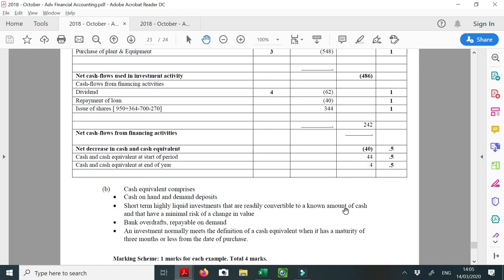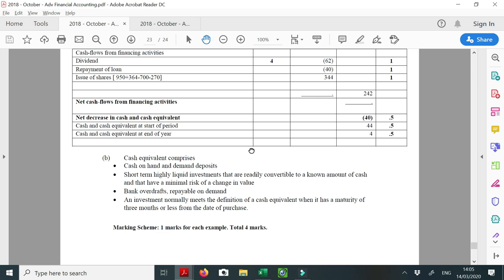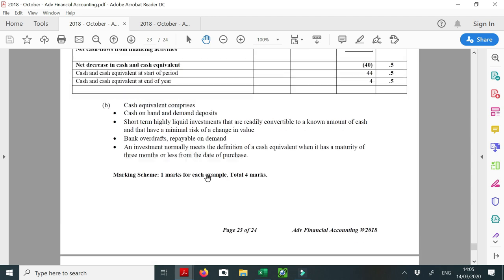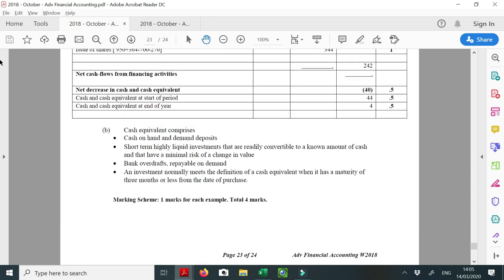Bank overdrafts will be included. So what the solution is saying, cash on hand, short-term liquid investments that are readily convertible into cash. It's 3 months. Yeah, we're mentioning 3 months. There are only a couple of points. It's kind of theory. Okay, I'll leave that question there.